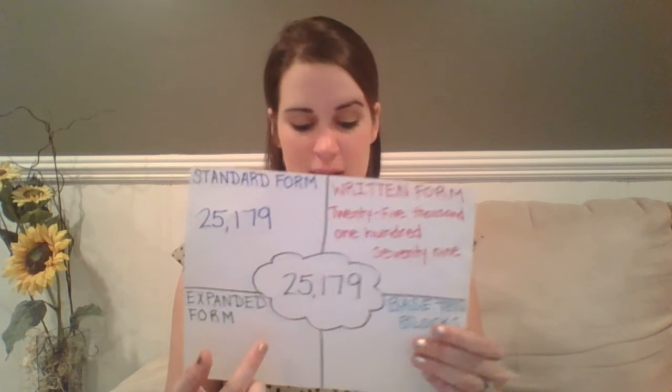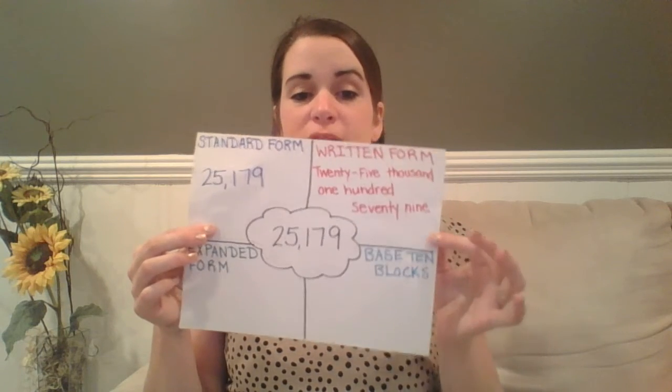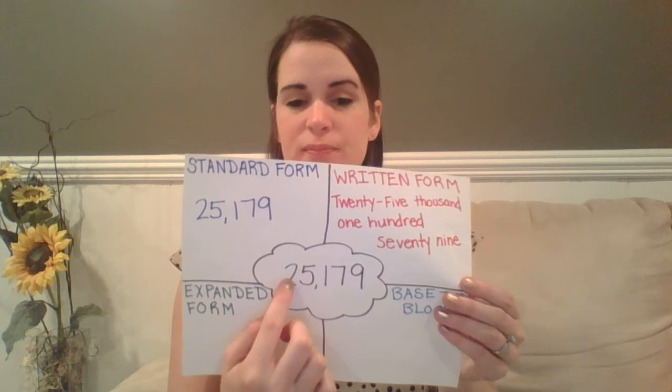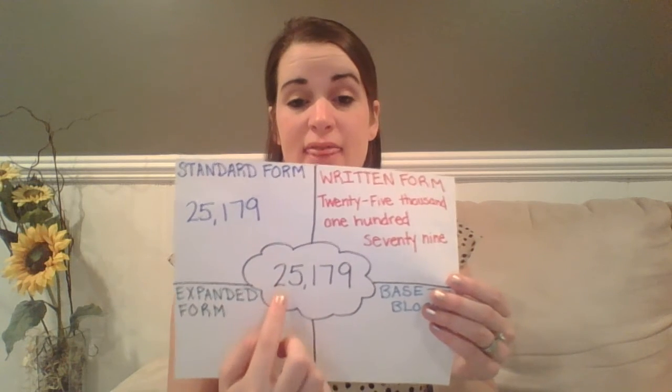If we think back to our place value lessons from yesterday, we know that this 2 is in the 10,000s place. So that equals a value of 20,000.